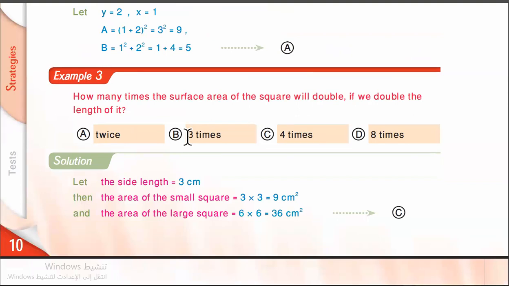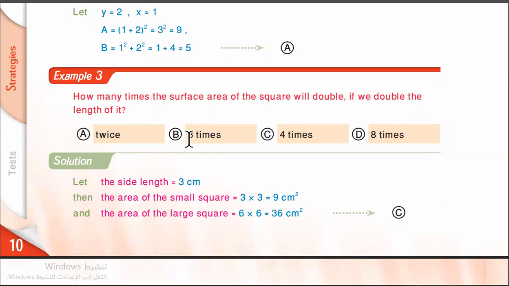How many times will the surface or area of the square be doubled if we double the length of it? I don't have any numbers here, Kadi. Yes, Khalid, right.